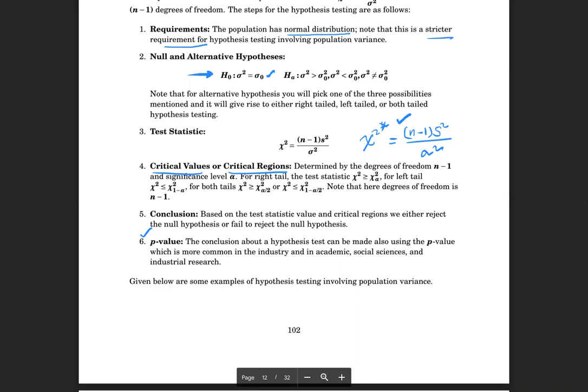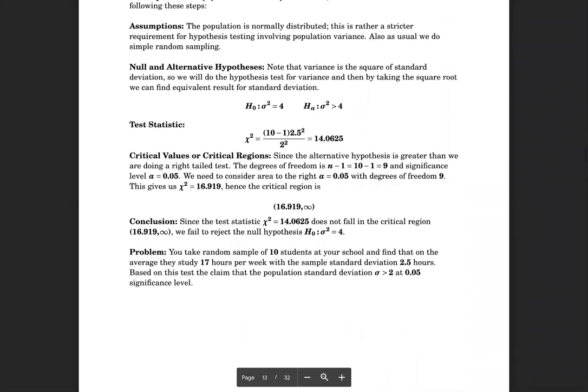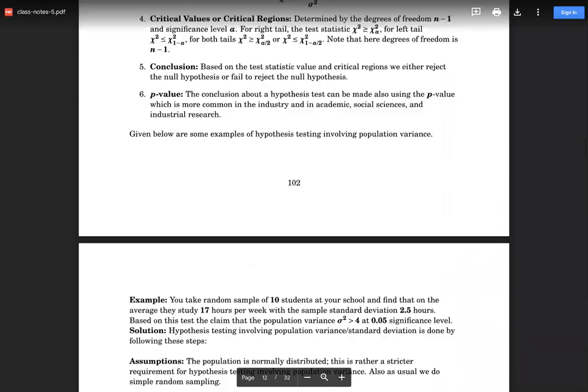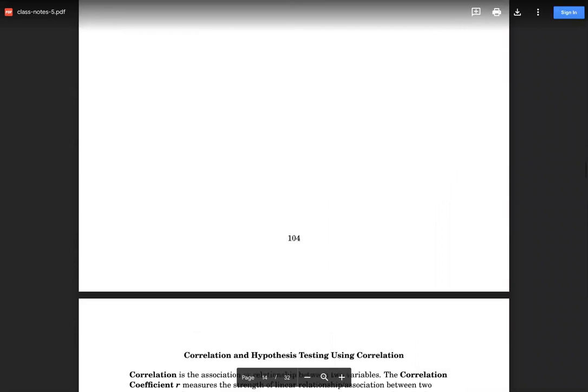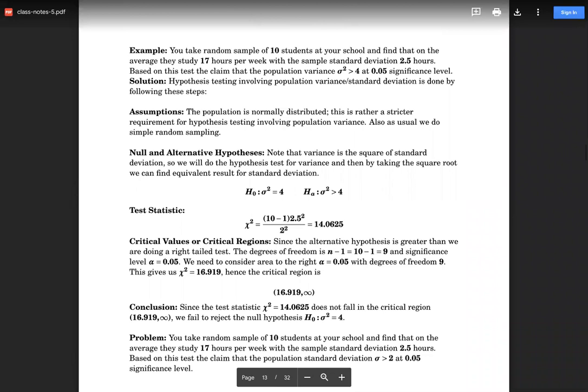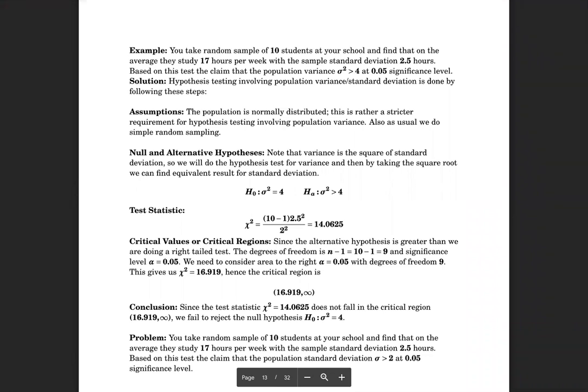Now, let me move on and do some problems. Here is an example problem, and then there are a couple of other problems. So let's do the example problem first, and then I'm going to do the other two problems. Then we'll go from there. You take a random sample of 10 students at your school and find that on the average, they study 17 hours. So that's your X bar.